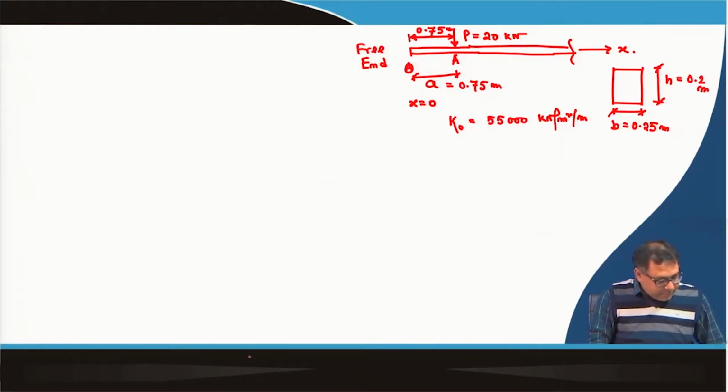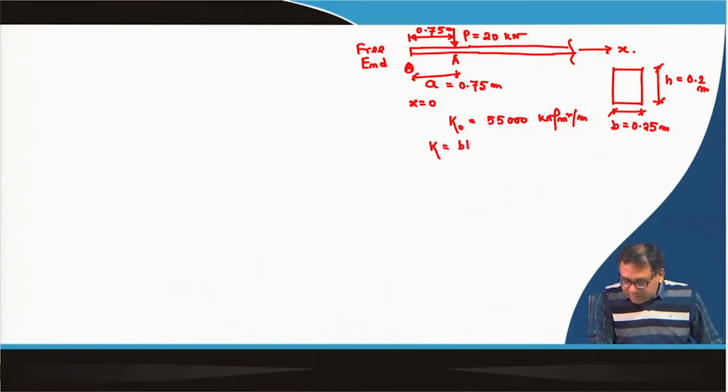Now we can say that k is equal to B into k0. So, this is 0.25 into 55,000, that is equal to 13750 kilonewton per meter square.